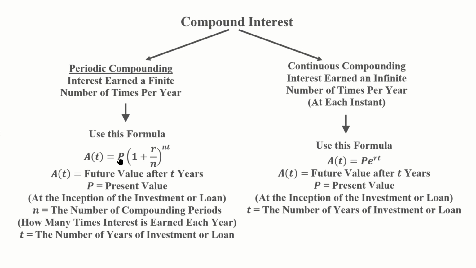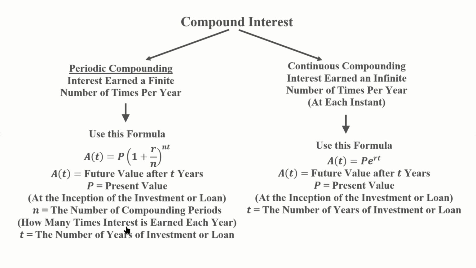So A of t equals P, which is the present value, times quantity 1 plus r over n to the nt, where A of t again is the future value after t years. P is the present value, which is the value at the inception of the investment or the loan. Because remember, this formula works for both, depending on which side of the formula you're on, right? Whether you're the lender or the borrower.